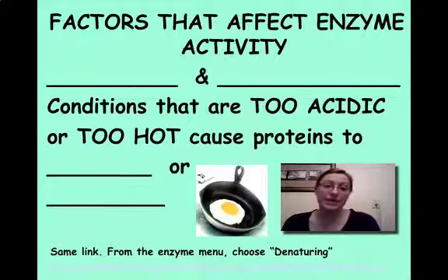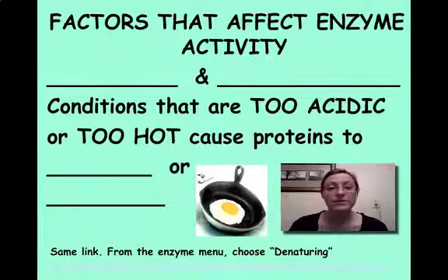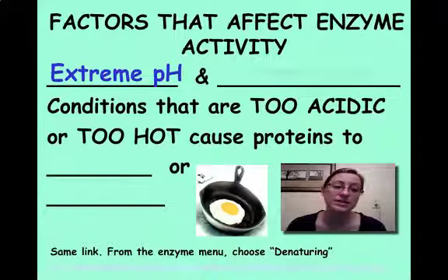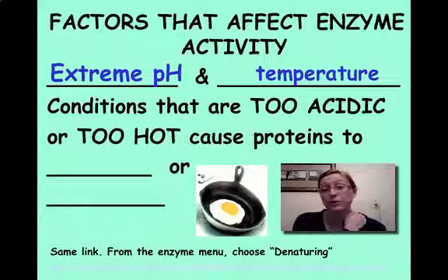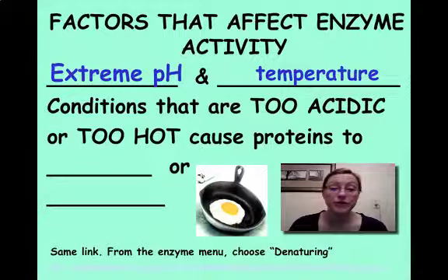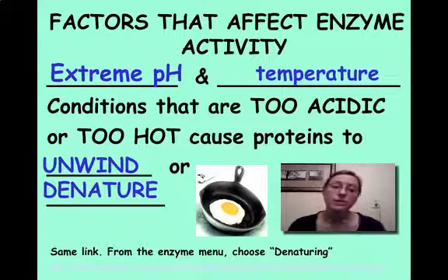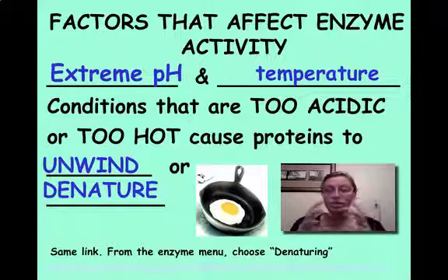Enzymes can be affected, however, if we start playing with environmental factors. Enzymes are very sensitive to changes in pH and temperature. So there can be a situation, for example, where enzymes can be too acidic or they could be too hot. And this is not good because that big, large enzyme has a specific shape, right?